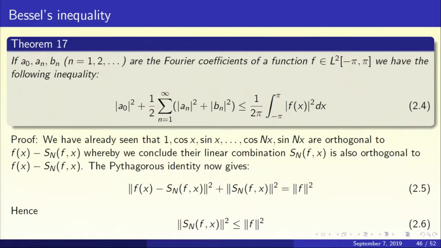We have already seen that 1, cos x, sin x, etc. are orthogonal to f(x) − Snf(x). That is, f(x) − Snf(x) is orthogonal to all trigonometric polynomials of degree at most n. And so let us apply Pythagoras' theorem.